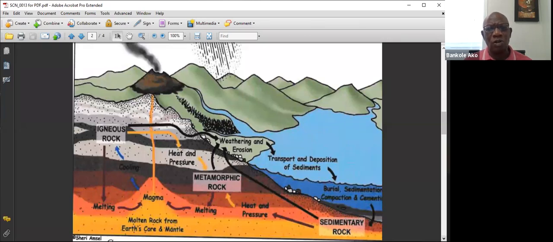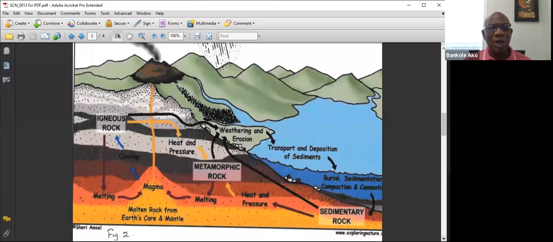What are igneous rocks? If you look at what I've put up as figure 2 on my screen, you can see that there is the melting of rocks, of earth materials from the core and the mantle.